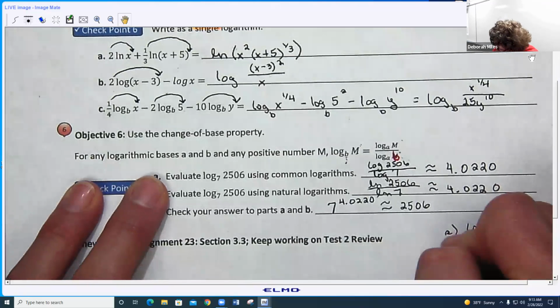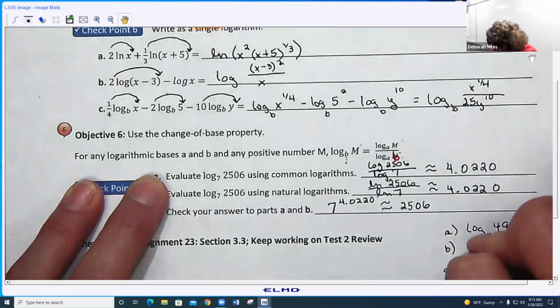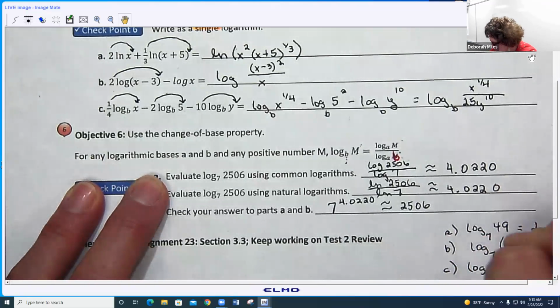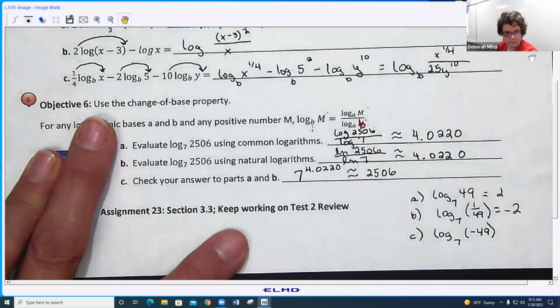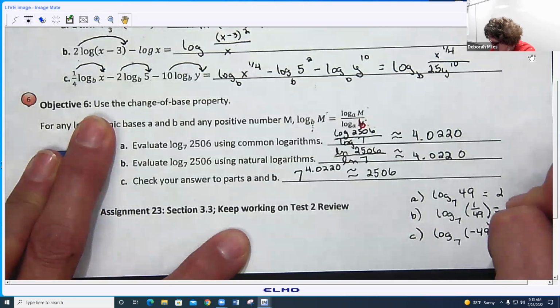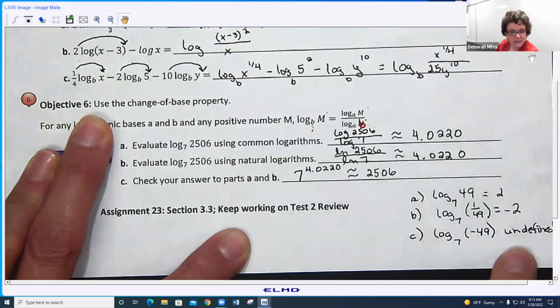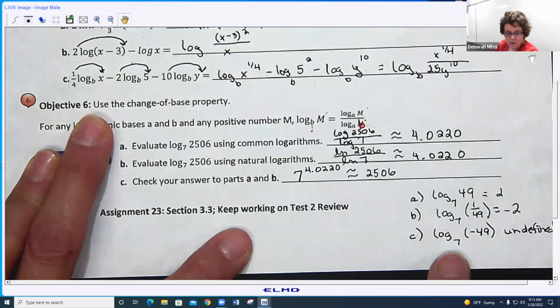And then I'll do something sneaky like log base 7 of -49. And what will you say for that? That's undefined. Undefined because there's no exponent of 7 that gives you a negative number.